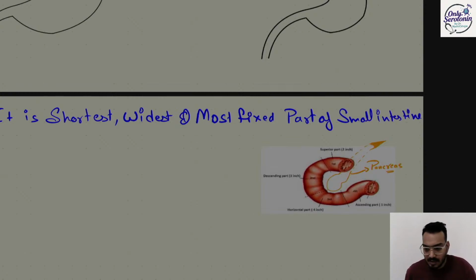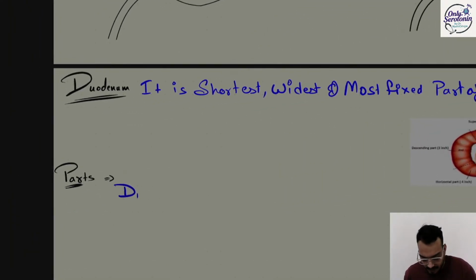Duodenum is the shortest, the widest, and the most fixed part of small intestine.